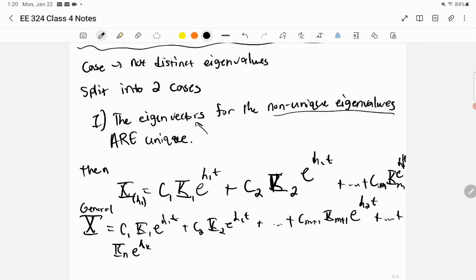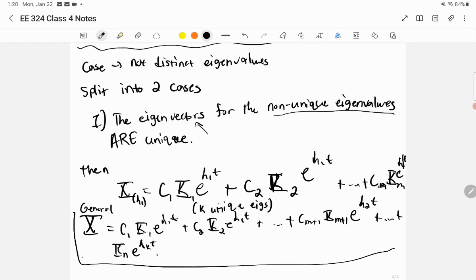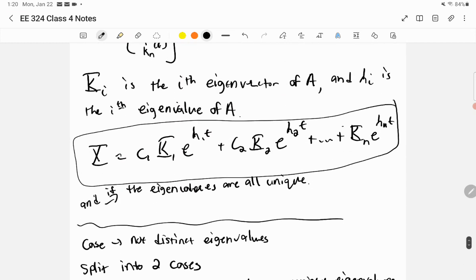I'm going to assume there's k unique eigenvalues. Okay, so that would be our general solution. So it doesn't look very different from this other than the fact that instead of lambda 1, lambda 2, and so on, you have multiple lambda 1s, for instance.